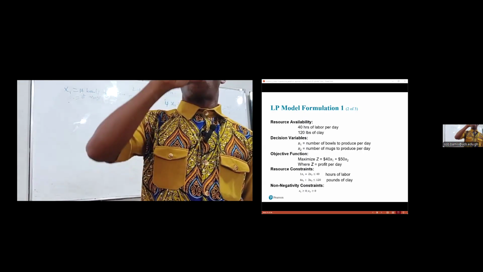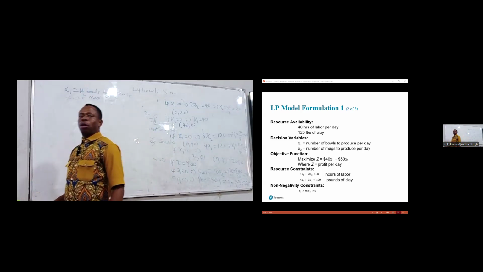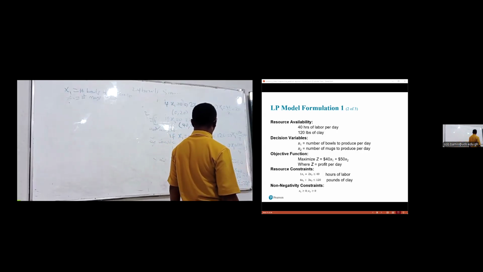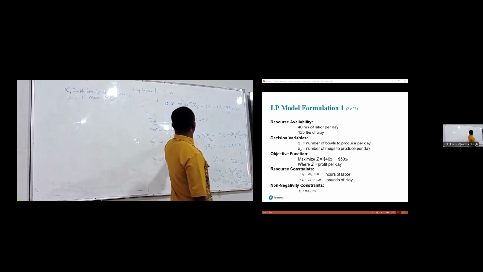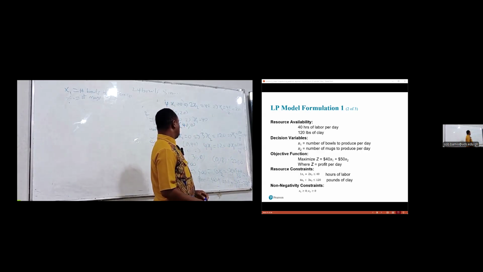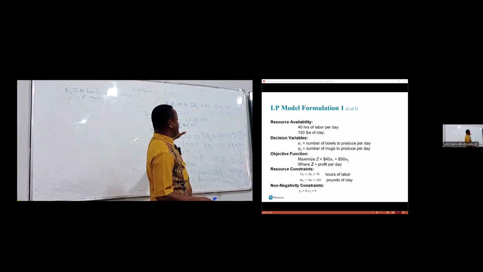Okay. If you look at the coordinates, what is the maximum number for x1? It's 40, right? The first one is always x1.